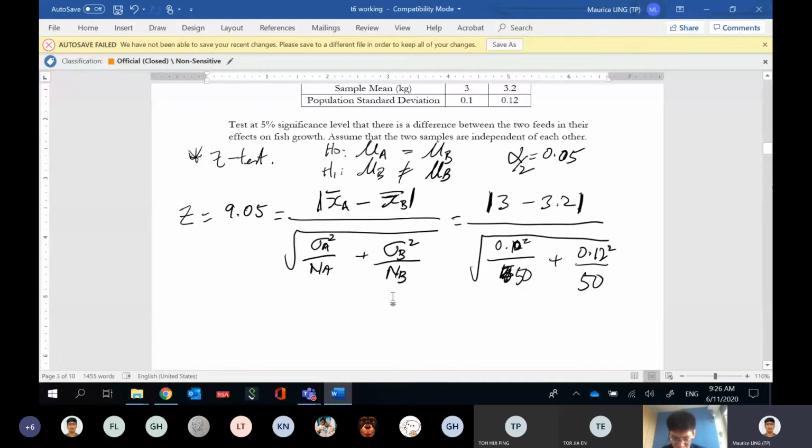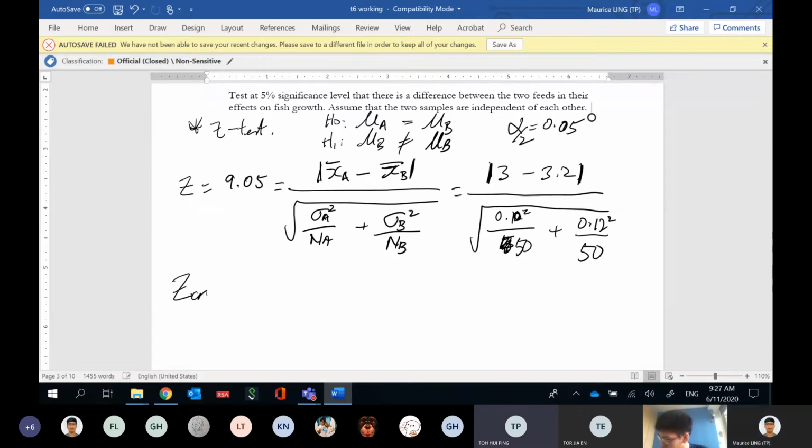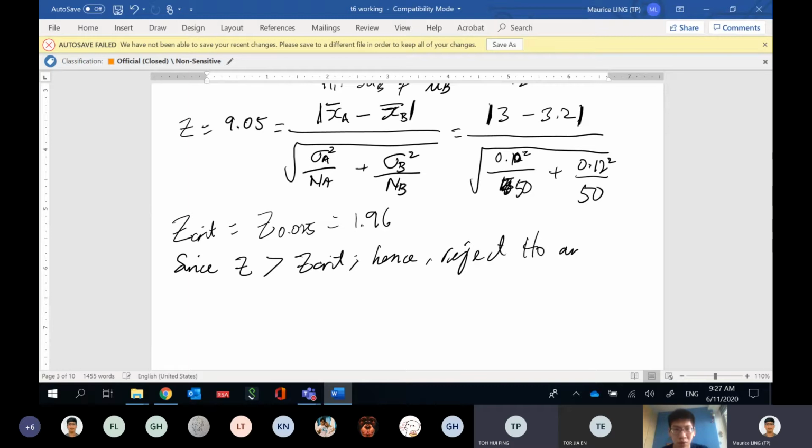Then what is your critical value? 1.96. Yes, so this is from 0.025, equal to 1.96. Now, do you reject or accept the alternate hypothesis here? Reject the null. Yes. So you write that since your Z is more than Z critical, reject null hypothesis and accept alternate hypothesis.